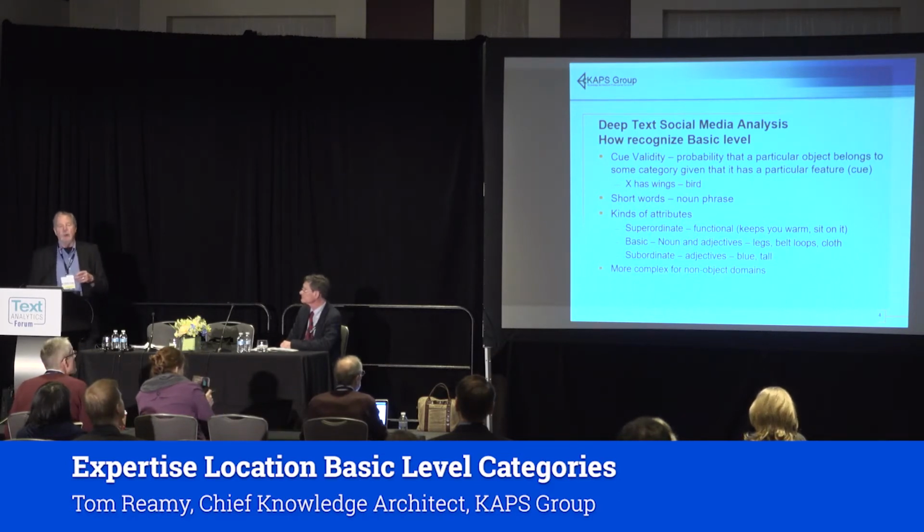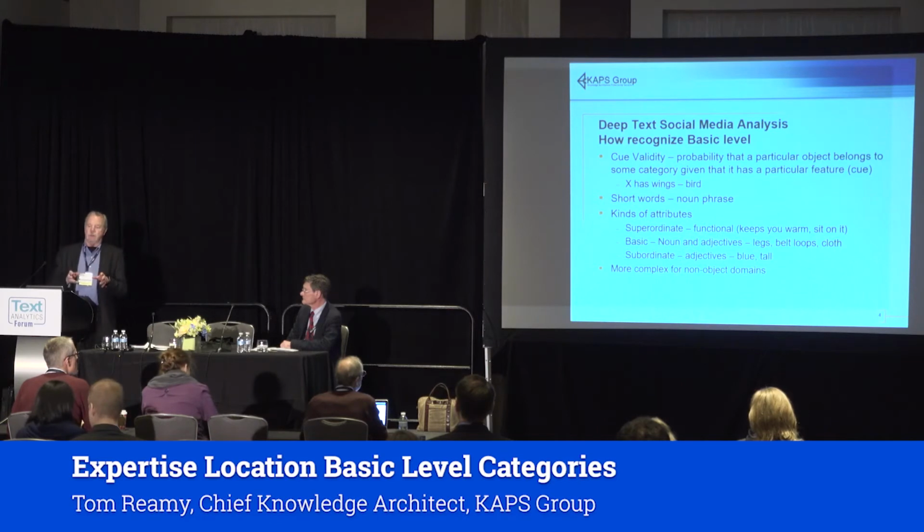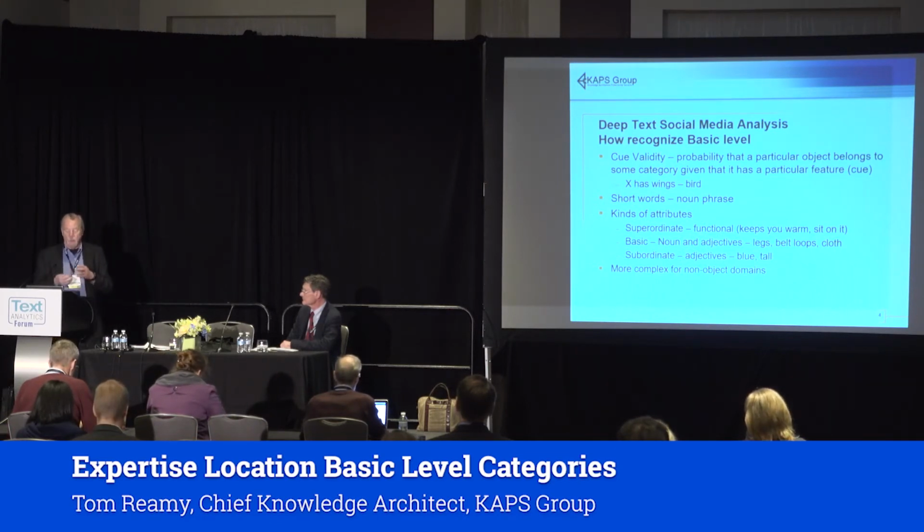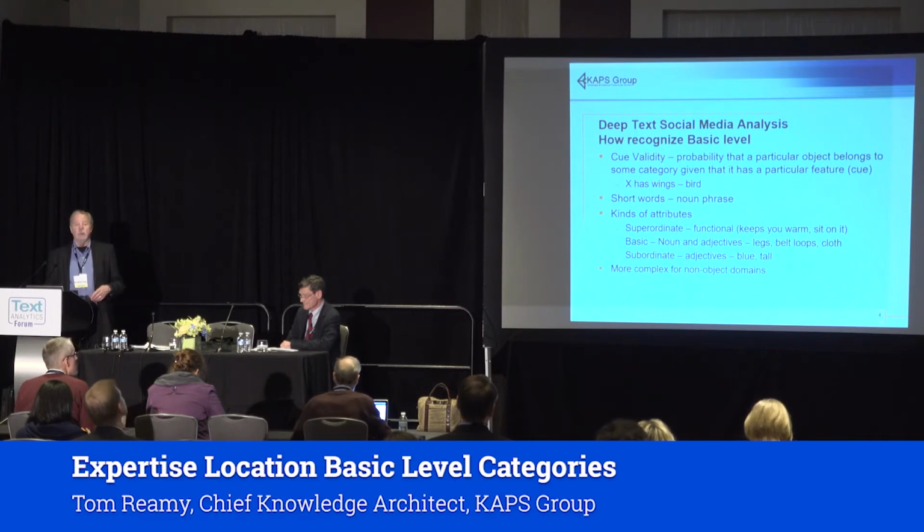The one issue is that for objects, this is a very powerful technique. It's a little more complicated for non-object domains, but it's still a theory or a concept that can be used throughout text analytics, and specifically, as we'll see, for expertise location.